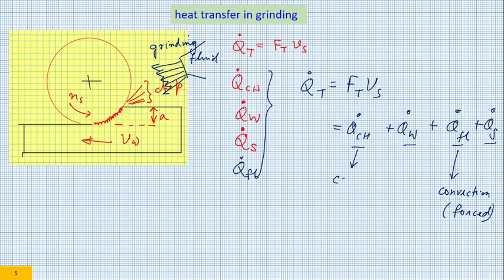This is conduction, and along with that chip stream, they go away from the grinding zone, and as the temperature of the chip stream increases, they take away some amount of heat. Some amount of heat also enters the workpiece, and this also takes place by conduction. Some amount of heat enters the wheel, and that also takes place by conduction. So these are the different heat transfer mechanisms which occur in grinding.